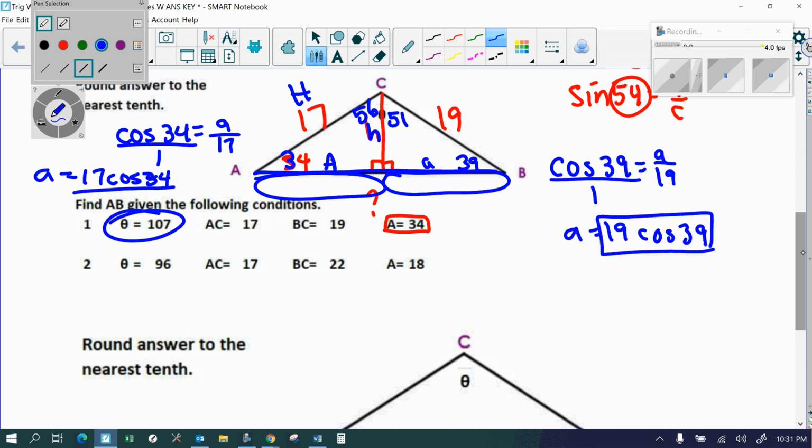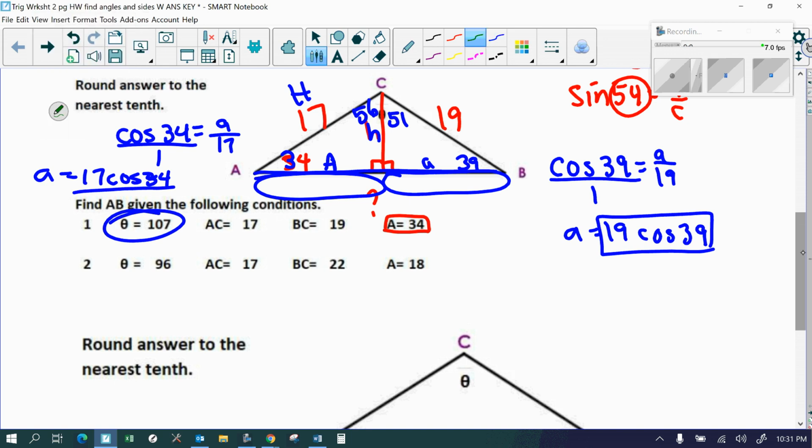Okay, so that's this piece. So I'll write those in there. 19 cosine 39. And this side is 17 cosine 34. Now I just put them both in a calculator and add them together, and there's my whole length.